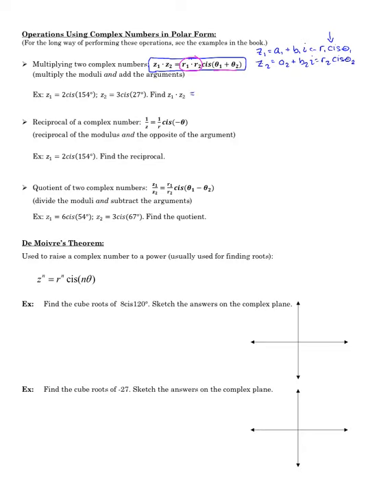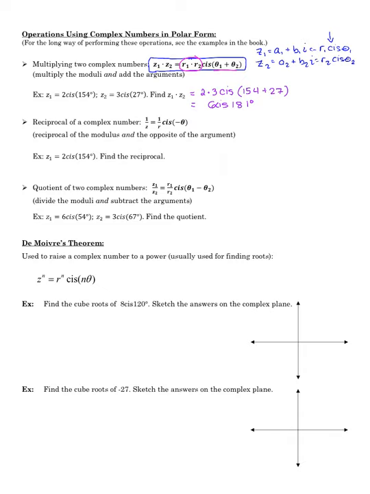If I'm multiplying them, I multiply 2 times 3, and then you just add 154 plus 27. So our final result is going to be 6 cis 181. That's really as deep as that gets.